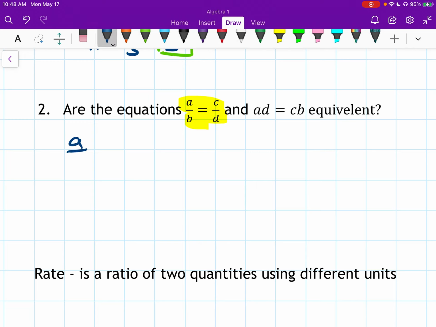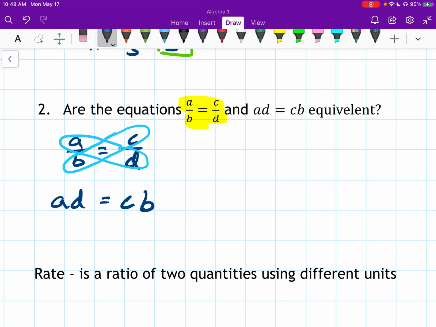So I have A over B equals C over D. We've all probably seen people draw fractions like this, where it makes a little bit of a butterfly. That's what we're going to do here. So I have on the left AD equals CB, and that is what was written over here. So we're good. The answer is yes.